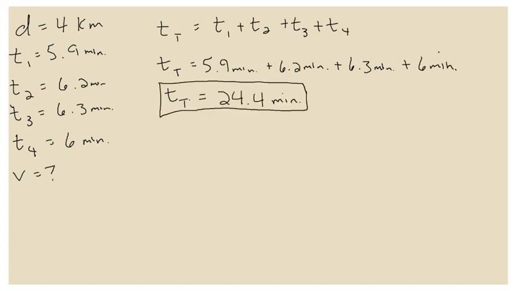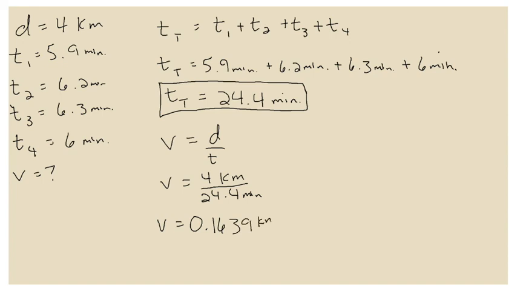And now that we have the total time and we have the total distance, we're in business. We just use our equation, v equals d over t. And so v equals d over t gives us 4 kilometers over 24.4 minutes. And when we do that math, we get the speed is equal to 0.1639 kilometers per hour.